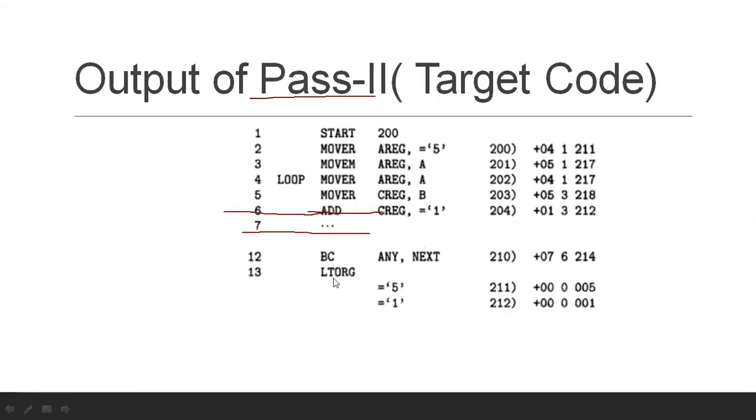Here you can see LTORG equal to 5. So for this target code there is a 000 and 005. So this 005 is nothing but the value of that particular literal, and 001 is the value of that particular literal. Now this all 0 indicates that it is a constant.